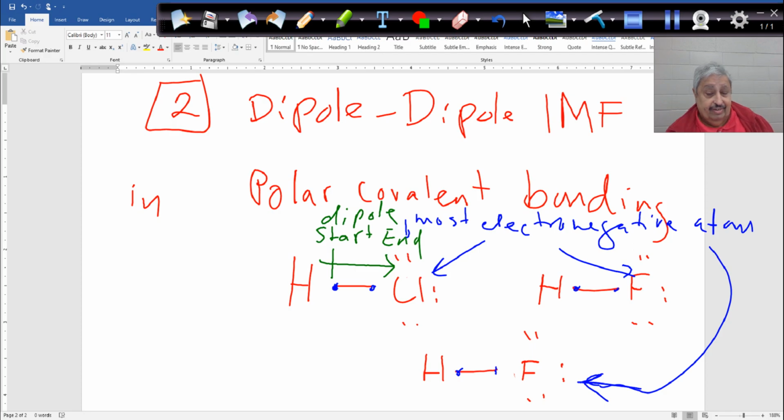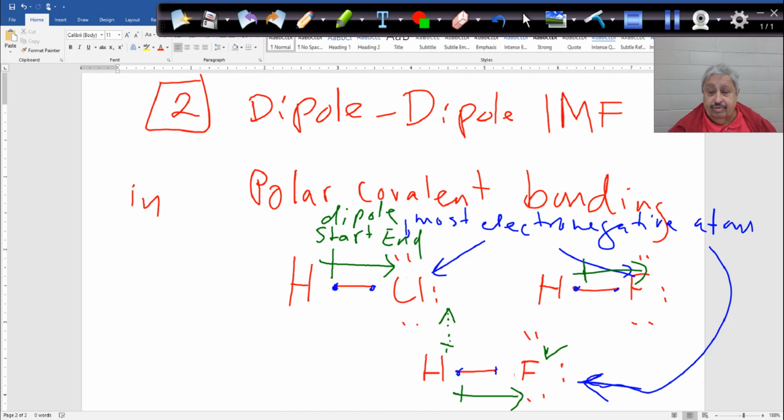But you will see this partial here will be pulled by the chlorine. This one will be pulled this way to the most electronegative atom, and between them, this partial here makes a partial charge.